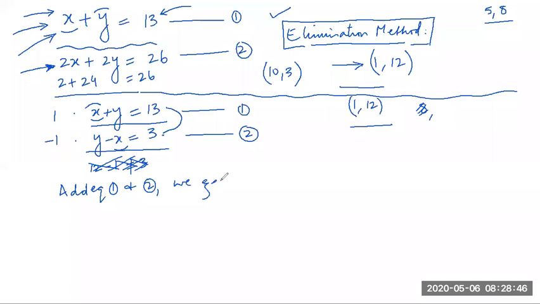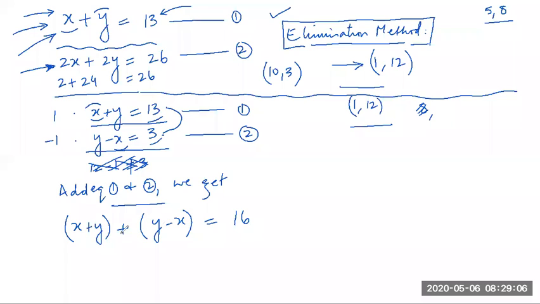What do you get? How will you add two equations? First write the left side of the first equation and add the left side of the second equation, and then the right side of the first plus the right side of the second: 13 plus 3, that is 16.